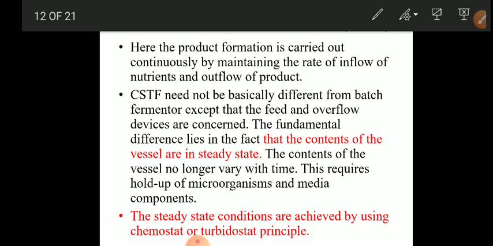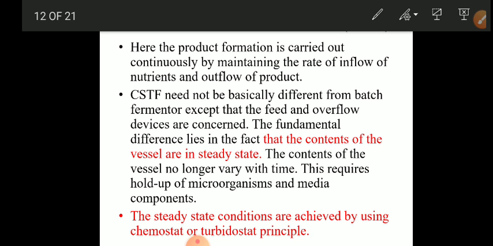Now CSTF is basically similar to batch fermentation, except that the feed and overflow devices are a bit different. So the continuous stirred tank fermenter and the batch fermenter are actually similar in design.